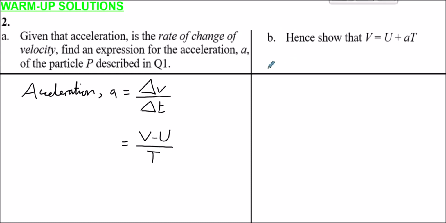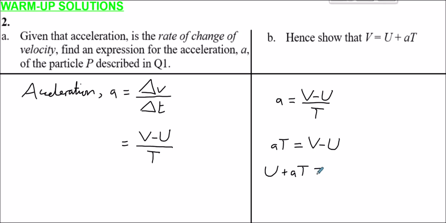Then from part B, we can rearrange this to show that V equals U plus AT, where we've got particular values of V, U, and T, where they're all big. And so if we've got that A equals V minus U over T from part A, we can multiply both sides by big T. So A big T equals V minus U. We can now add U to both sides, and we get U plus AT equals big V, which is essentially the same as what we want to show, only here V is the subject.